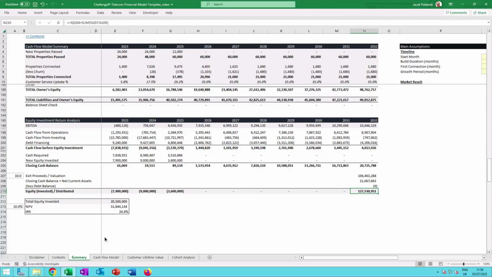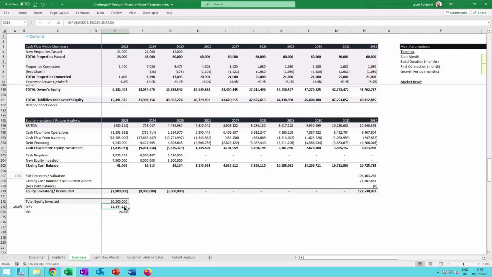With those numbers here, you see that I have my NPV and IRR calculations. Let's start with IRR, which is your return on investment. The IRR formula here is quite simple. You take the negative numbers first, which are the amount of money invested, and then that figure here, which is the amount of money received by the investors.